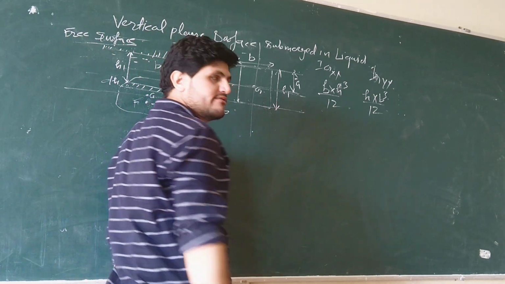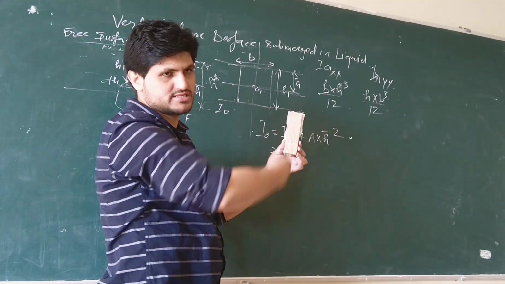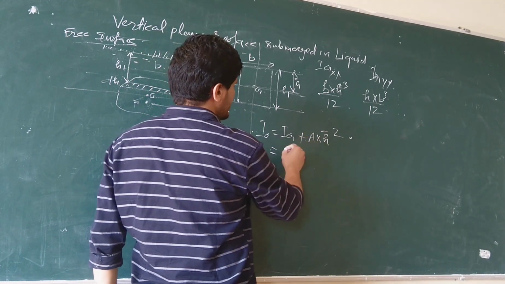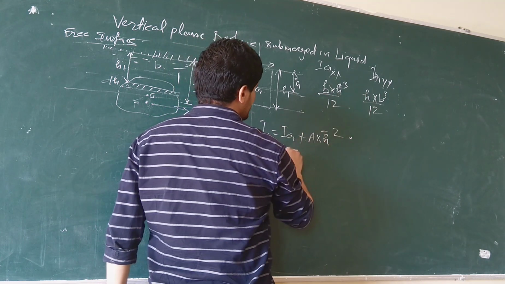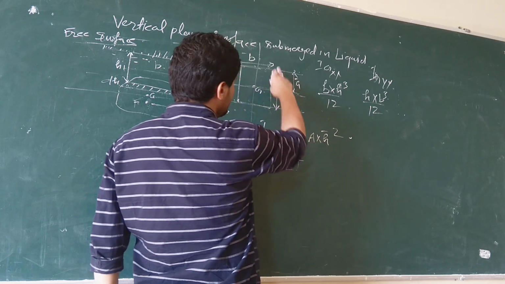for I naught I can just apply the theorem of parallel axis. Your Ig will be b h cube by 12 plus the area.